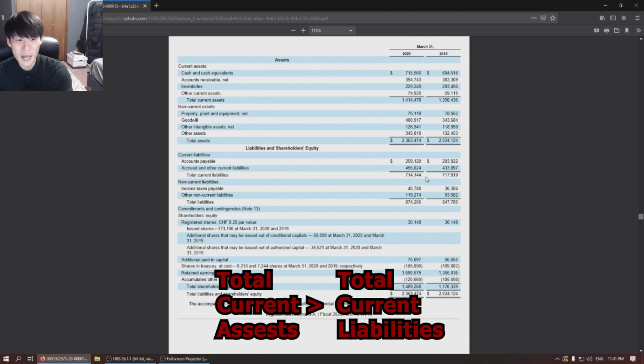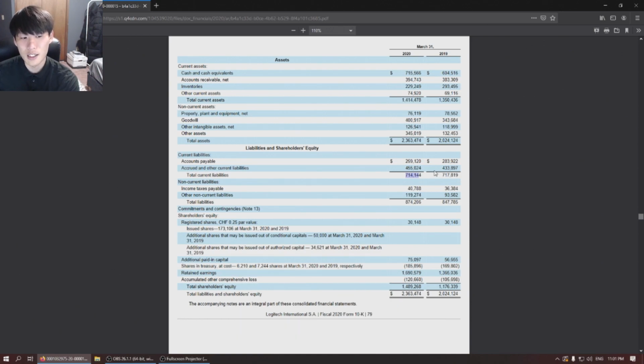If the company goes bankrupt today, can they cover the liabilities? Yes, I want assets to always be higher than liabilities, which it is at 1.41 billion versus the total current of 714 million in liabilities. So yes, that is all I look for on here. And I just want to make sure that assets continually grow little by little and liabilities decrease little by little. The no debt thing is a great thing because that means they don't owe the banks money.